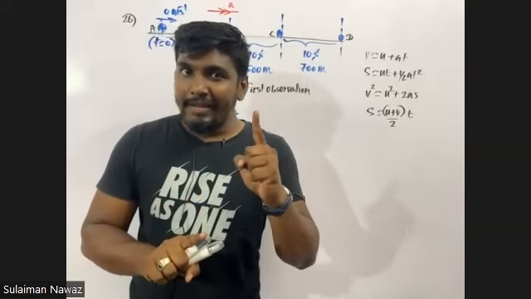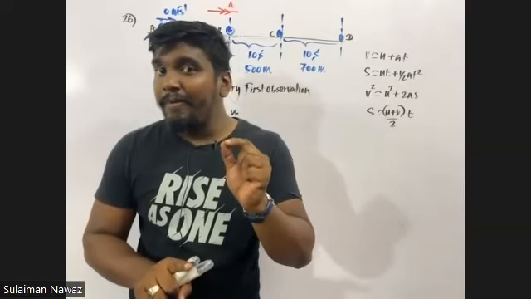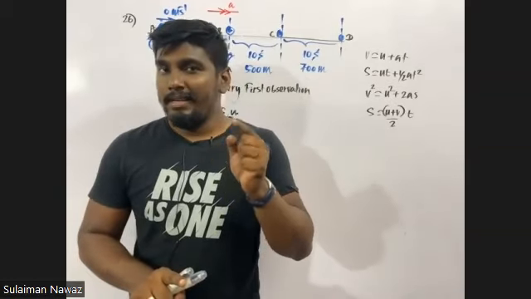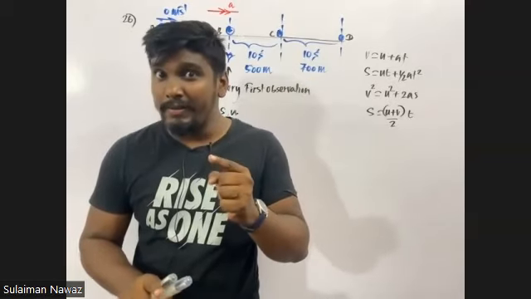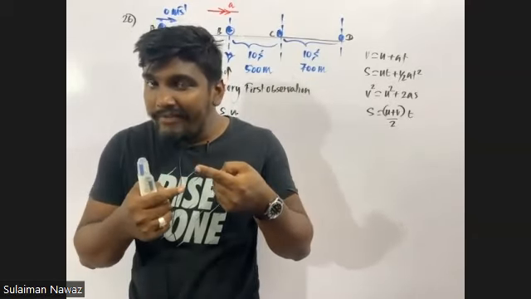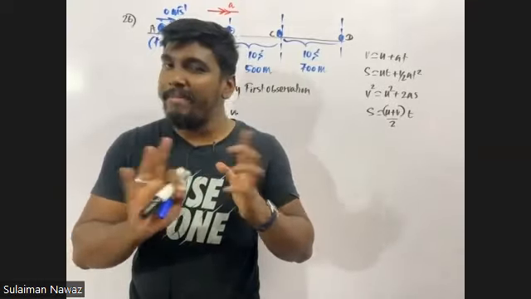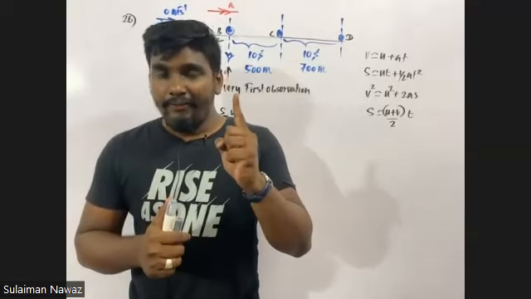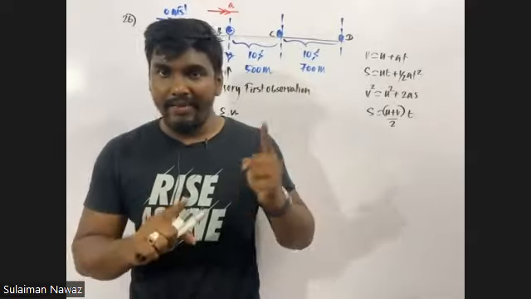Your selected equation must include the minimum number of unknowns, the minimum number of variables. If your selected equation involves many variables, then your simplification becomes very messy. That's why I'm saying the main critical point is which linear motion equation you are going to select. I will explain that one.